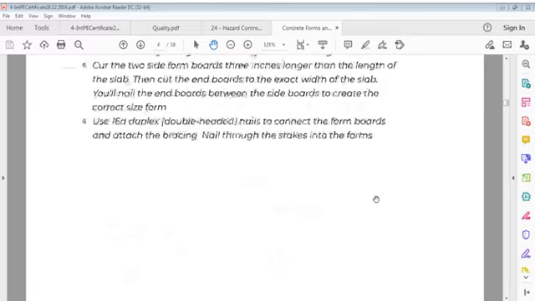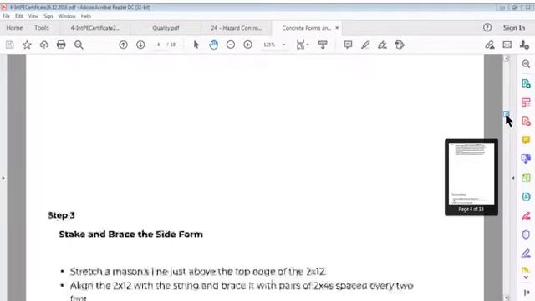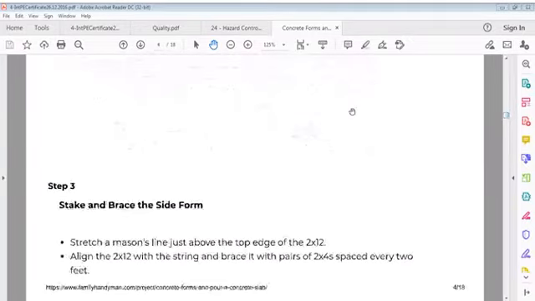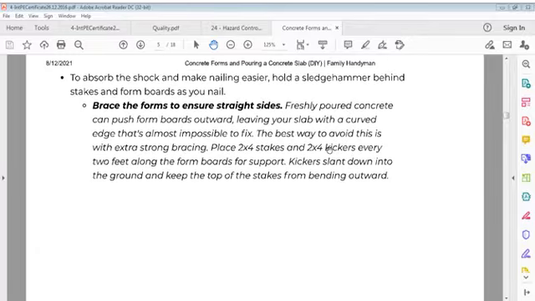Set and level one side. Okay, this leveling we can talk about somewhere else. Form boards as you nail.